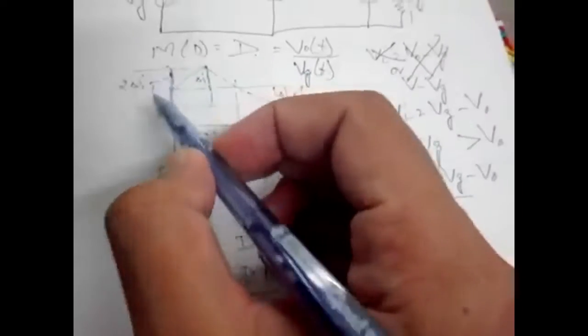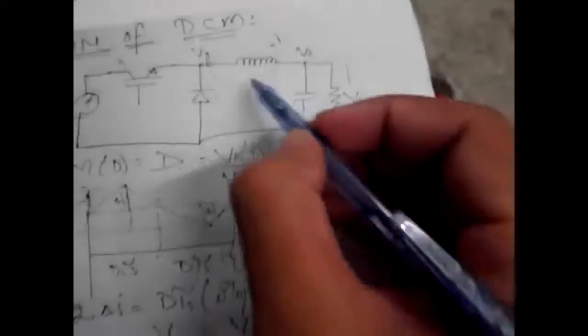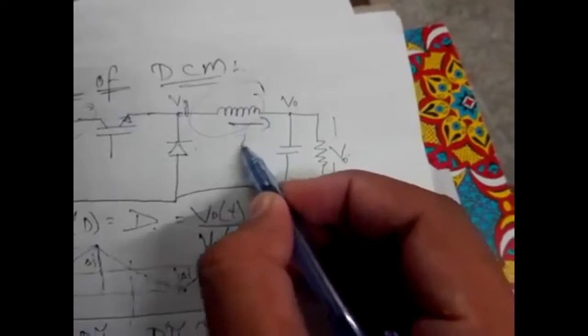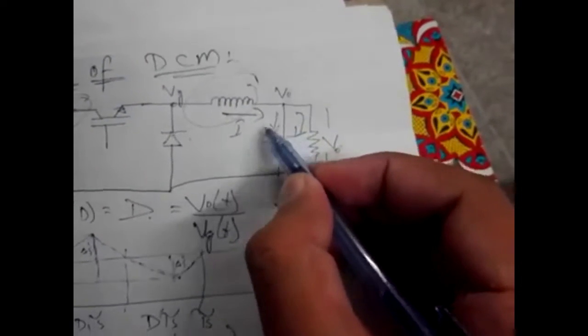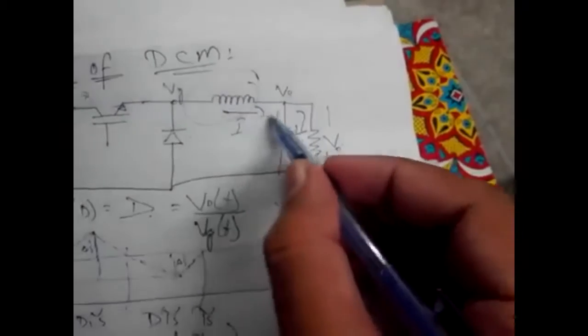Now we also know that this is the DC current, and DC current always goes to the load, not to the capacitor, because the capacitor does not allow DC current.